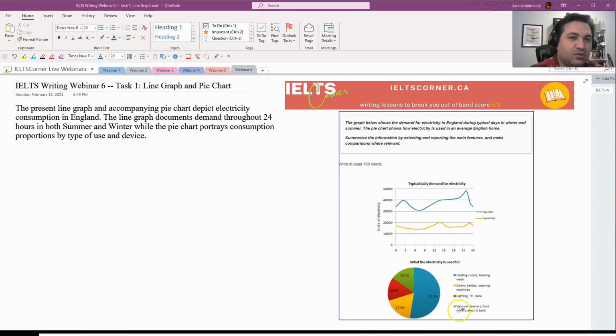What we can say is that more than 50% goes towards heating, and then the other three categories are fairly equal, because the other one is 17, so we can't say exactly equal, but we can say more or less equal. We can also talk about, when it comes to the line graph, lows.